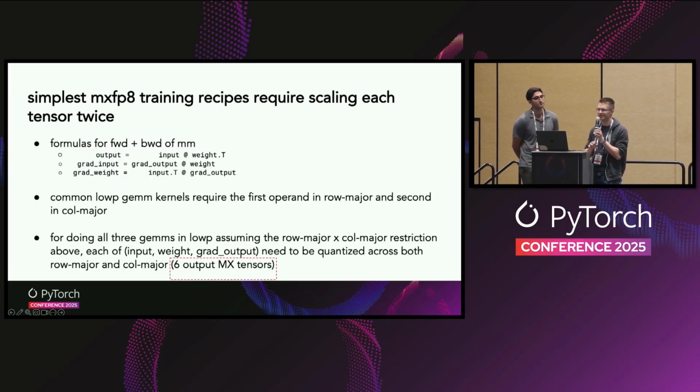Also, if you think about your naive low precision training recipe, you have your forward and backward formulas for going through matrix multiply. And common GEMM kernels currently require the first operand to be in row major and the second operand to be in column major memory layout. Because of this requirement, for formats where your scaling is 1D, you need to scale each tensor 2 times to get all these 6 low precision tensors.